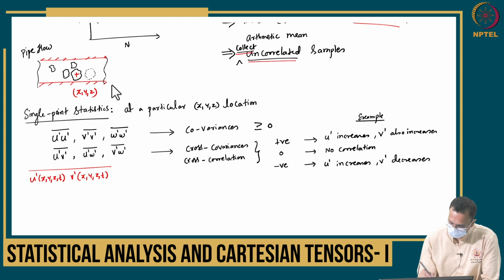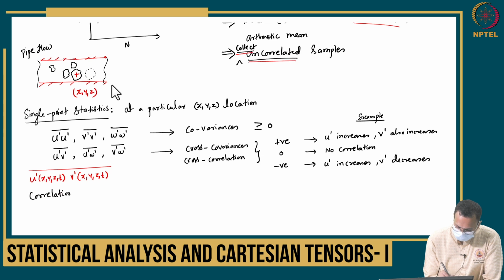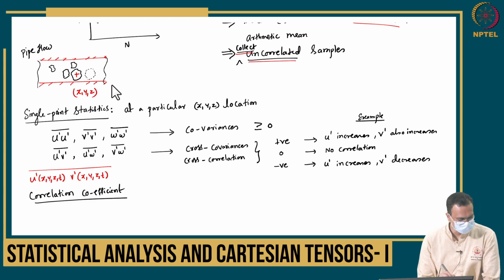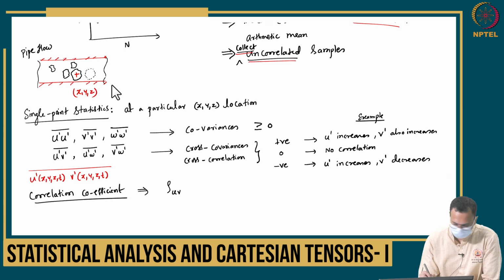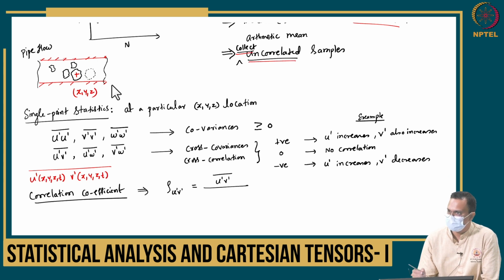Let's define what is called a correlation coefficient. Let me call this rho uv. If I am looking at the correlation of, let's say, u prime v prime, then this is defined as your correlation term, normalized using its own RMS, which is the square root of the average of u prime squared times the square root of the average of v prime squared.